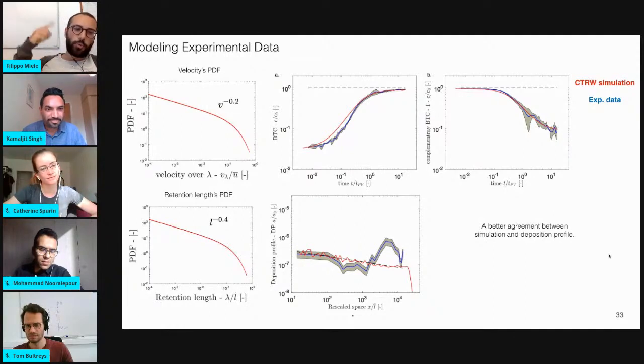We will solve the flow, we will simulate the Lagrangian trajectories, so we will measure again the correlation length, and with the column, we will compare with the deposition profile and breakthrough curves. So this is exactly the next step that I'm going to do if I get the fellowship.